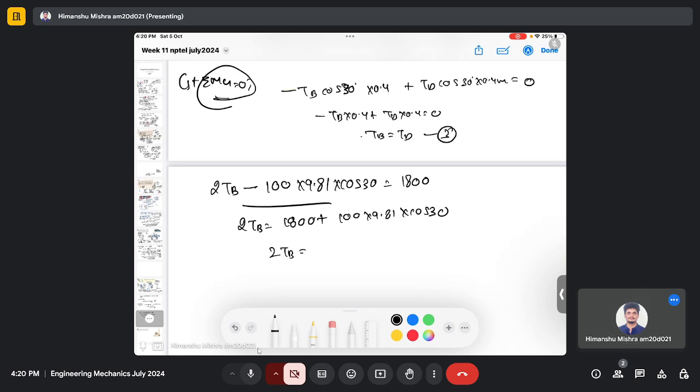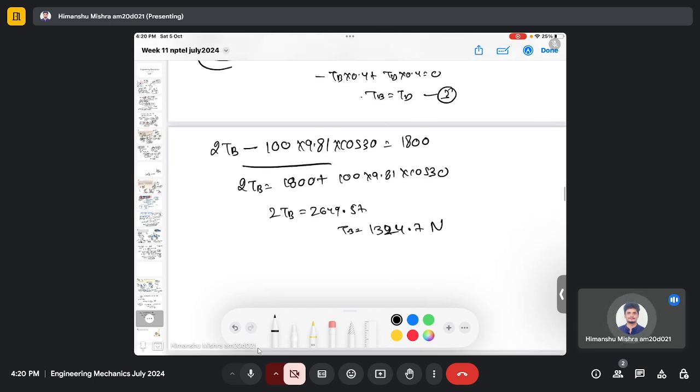So 2TB equals 2649.57, and TB will be 1324.7 Newton.